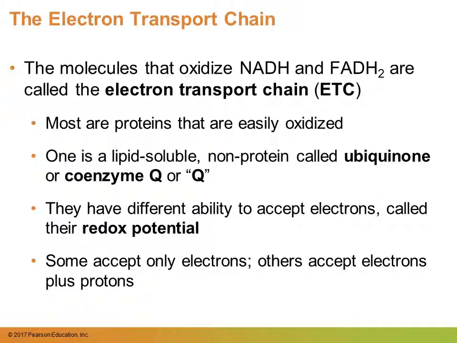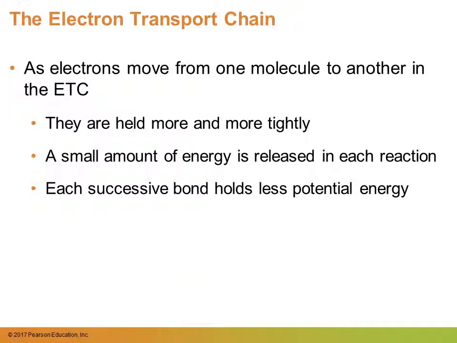And one is ubiquinone, also known as coenzyme Q or just Q. For the upcoming test, you don't have to know these helper molecules, but in the back of your mind, you should keep this in mind. As electrons move from one molecule to another, they're going through oxidation and reduction steps.